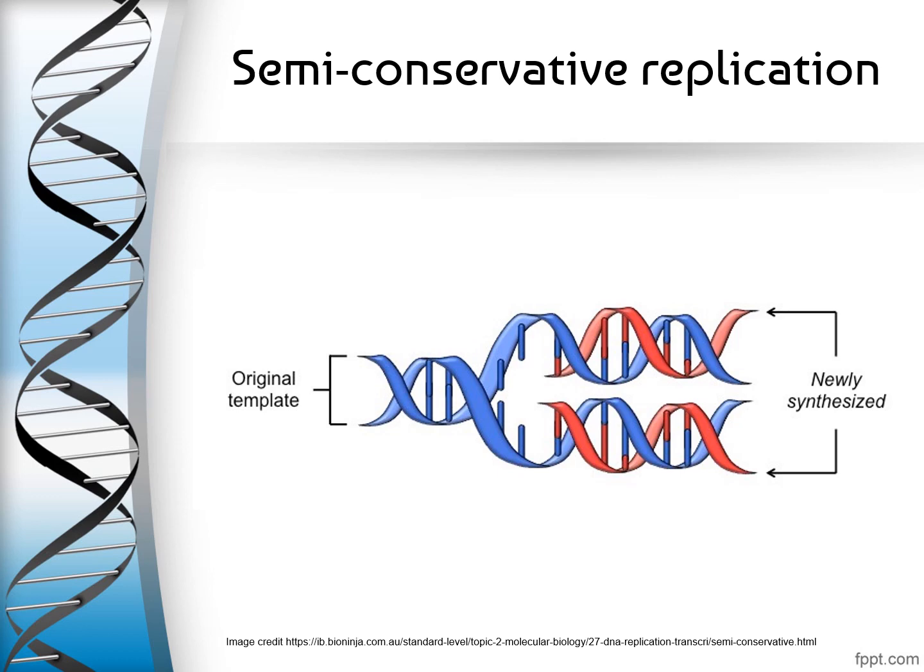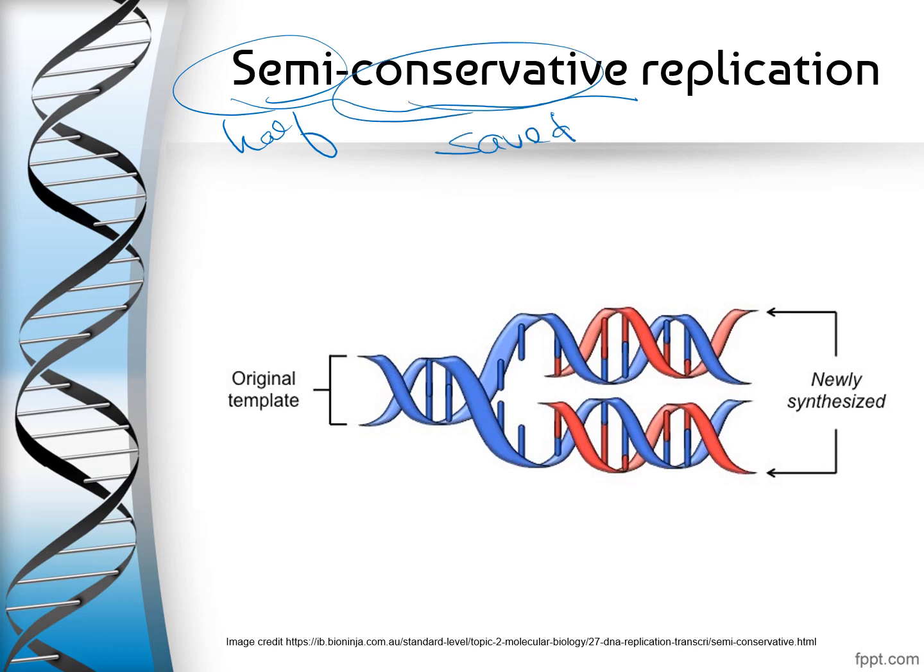This is also related to the semi-conservative nature of DNA replication. Semi means half, and conserved means saved. And when we make new DNA, we actually save half of the old DNA in each new double strand. Here's our original DNA, the template DNA that's being copied. The blue stuff is old.